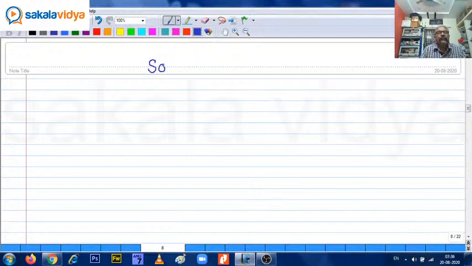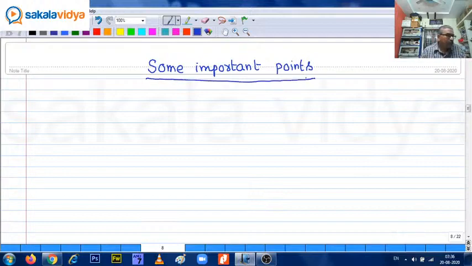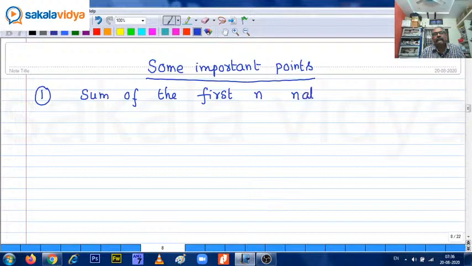So some important points. First one, sum of the first n natural numbers.